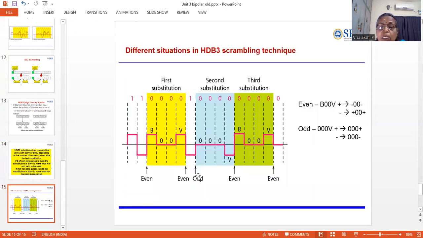So that will be used here. Similarly, the third substitution will be the combination of these two, that is B00V, which hasn't been shown here. But anyway, you just take the 4 bits. The 4 bits will be used in the format of B00V. So the first position is B and the second position is 00, and then the third position is V. Thank you.